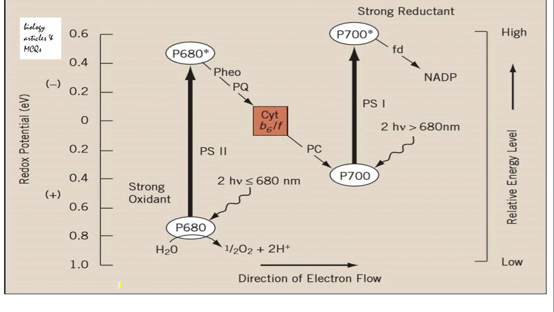The different molecules that take part in the Z scheme are of different energy levels. Here you can see that the molecules drawn at the lowest point are of low energy level, and those drawn at the highest point are of high energy level.